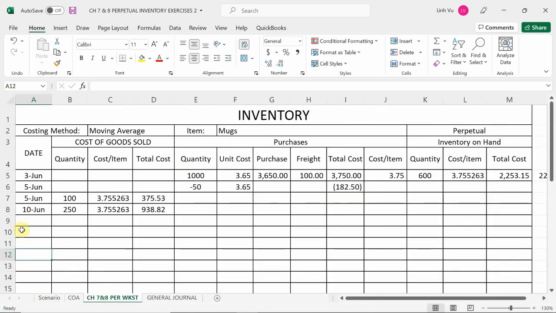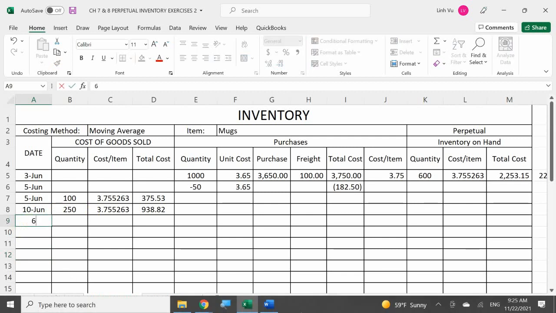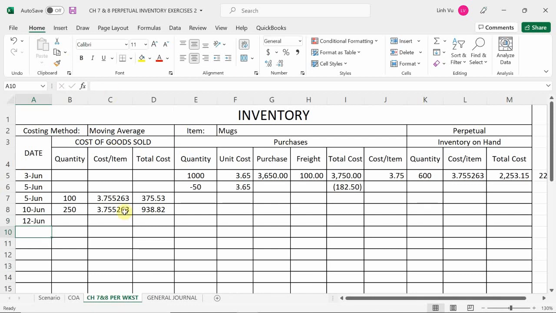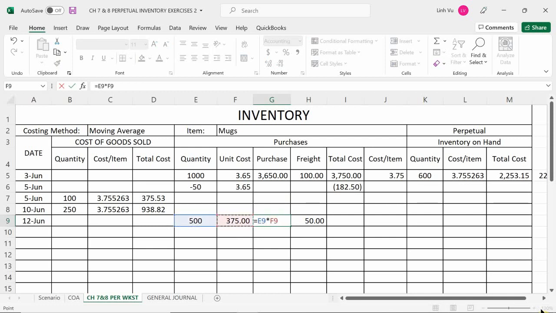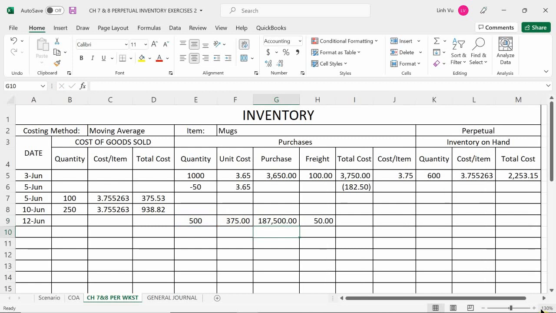So let's go ahead and plug it into our inventory worksheet first, and then we'll plug our answers into the journal. So in this case, I purchased 500 units at $3.75 with the freight of $50. So what's my purchase price going to be? 1,875. Good. Plus 50.